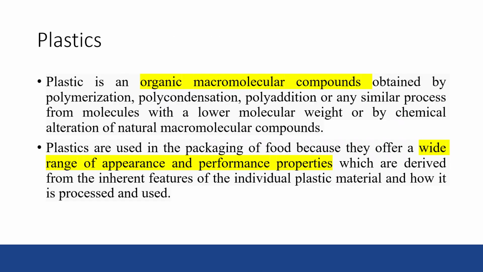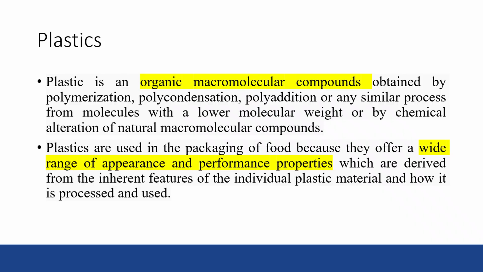So next material is plastic. It is a material made from very small chemical units joined together to form long chains. These long chains are called polymers. Plastic may be made by joining small molecules together or by changing natural materials.